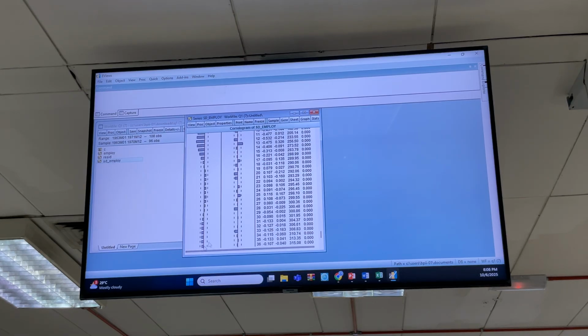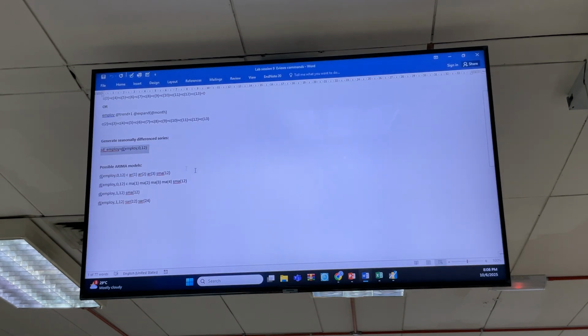There is no SAR, so it is only SMA1. So we only have two potential models here. You can estimate both and then compare AIC and SIC, looking for which one has the better value.